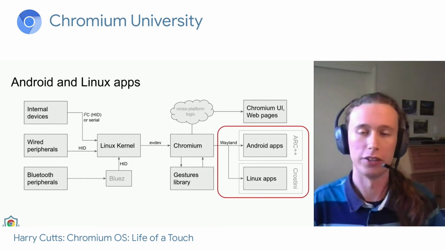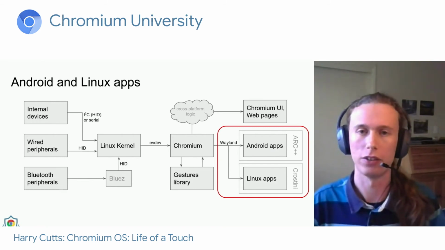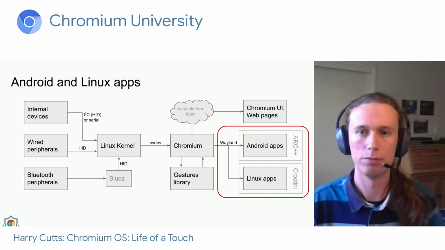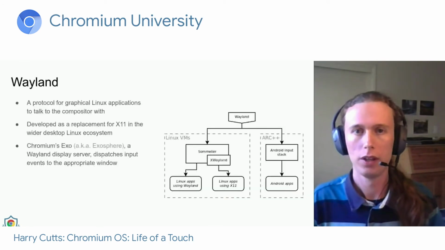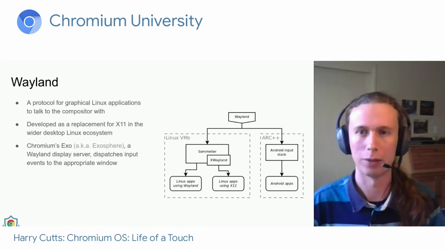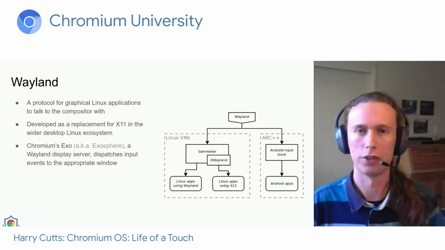But as you might have noticed, these days we do more than just web pages on Chromium OS. So we want to also send these events to Linux and Android apps. And this is where Wayland does come in. So Wayland, for those who aren't familiar, is a protocol for Linux apps, traditional Linux GUI apps, to talk to the compositor with.